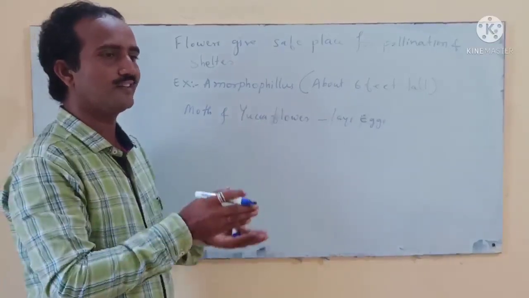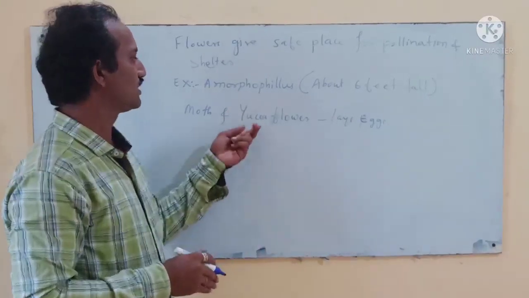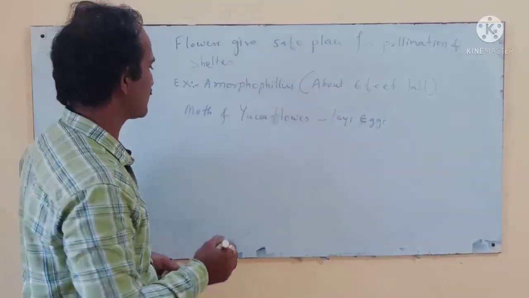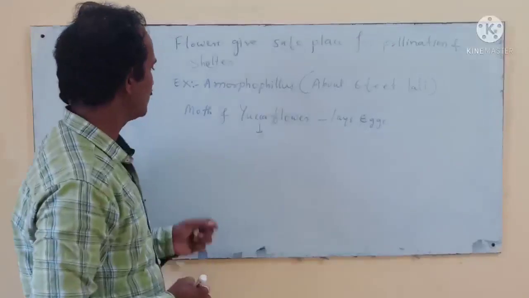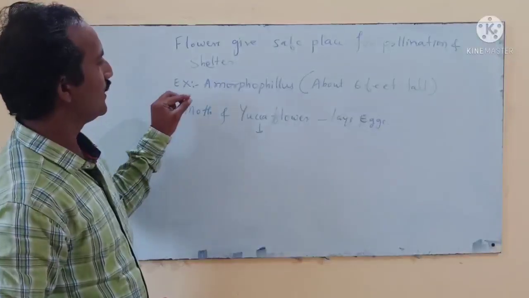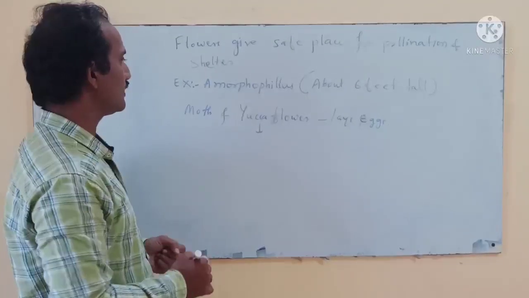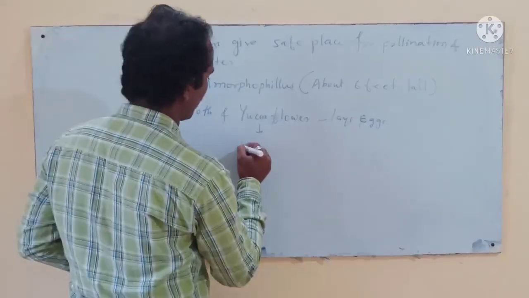Yucca flower will in return give their nectar as well as the pollen, and also the shelter to them. Simultaneously they carry out the pollination.